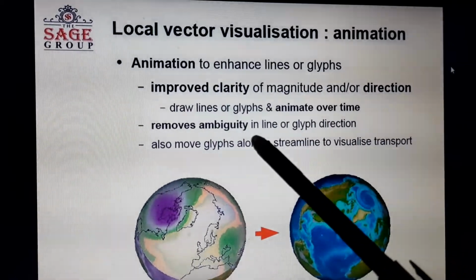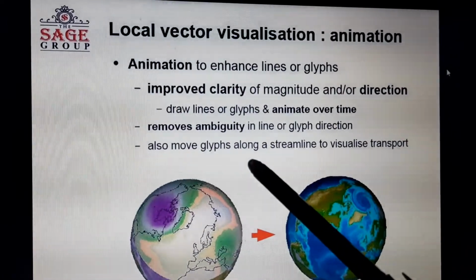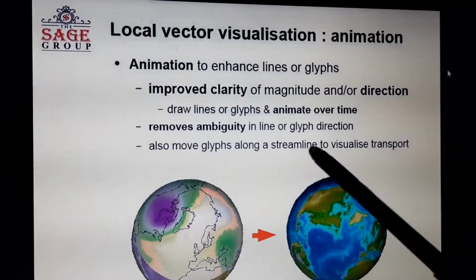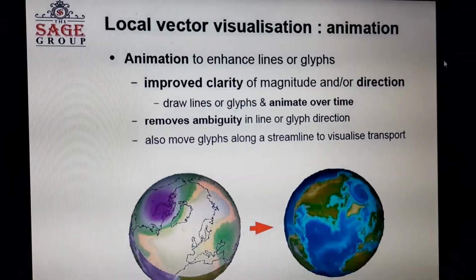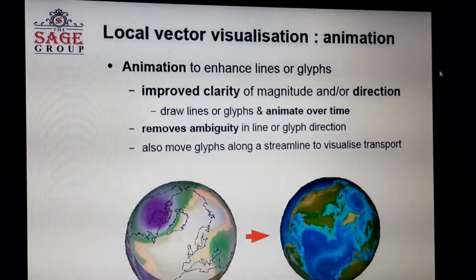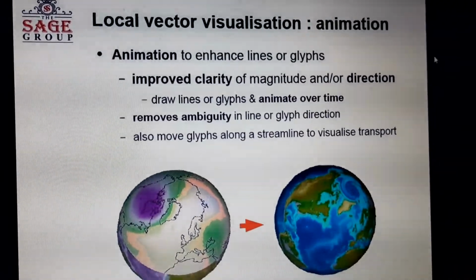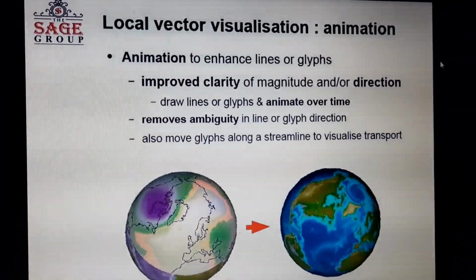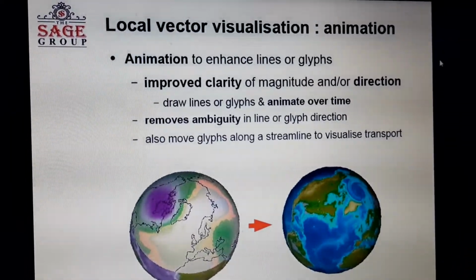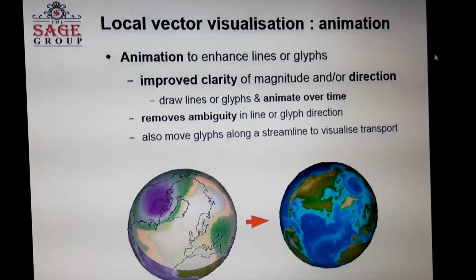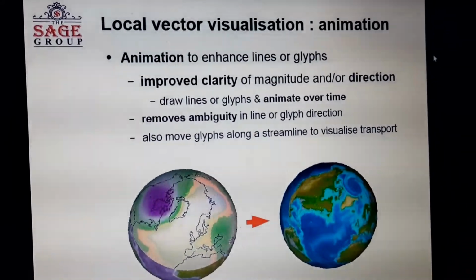It removes ambiguity in line or glyph direction. We can also move glyphs along the streamline to visualize the transport. All the problems in the previous methods are removed by animation, because animation can easily visualize the data with movement in a given direction.